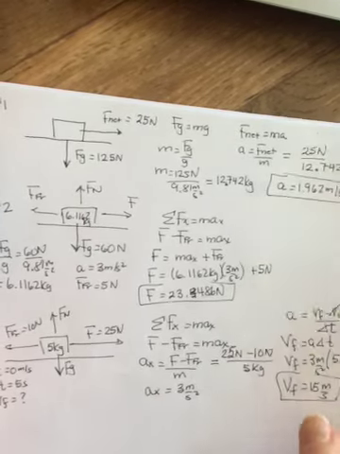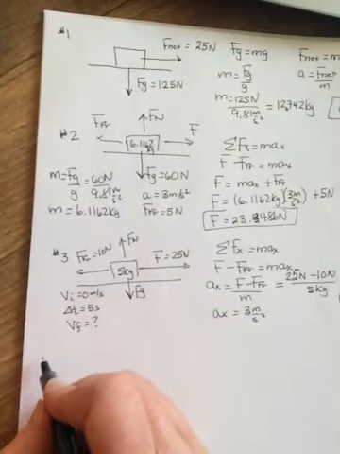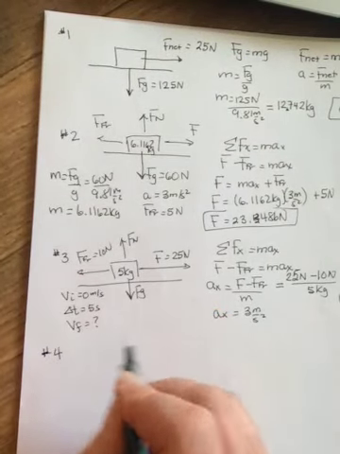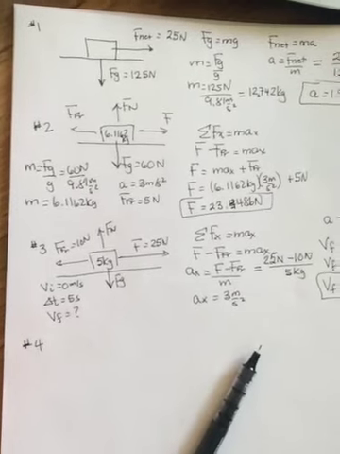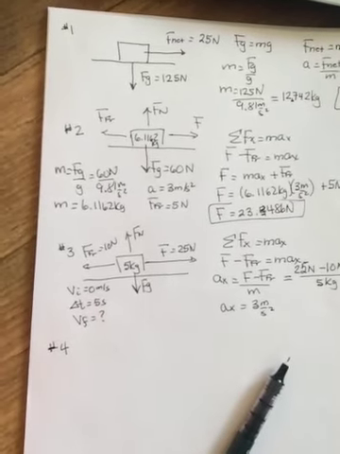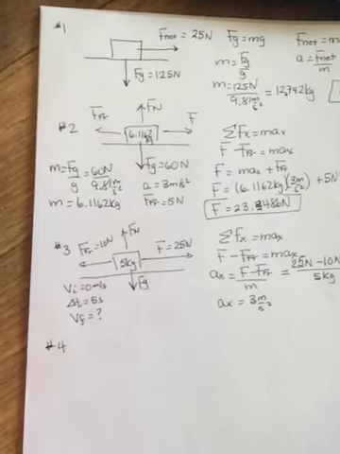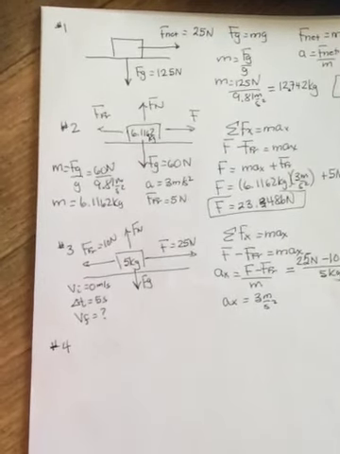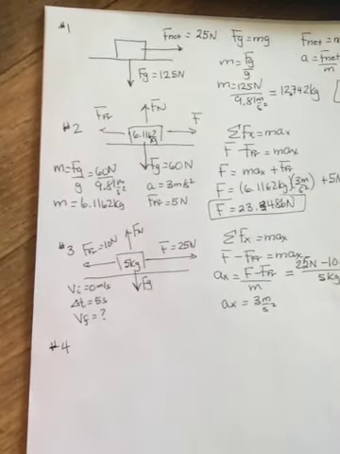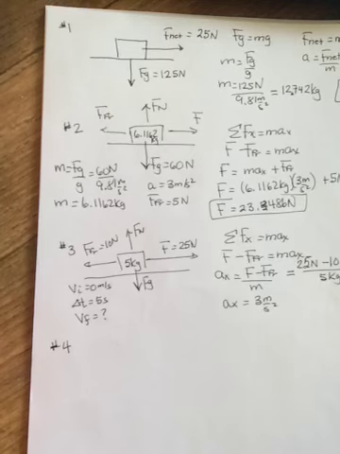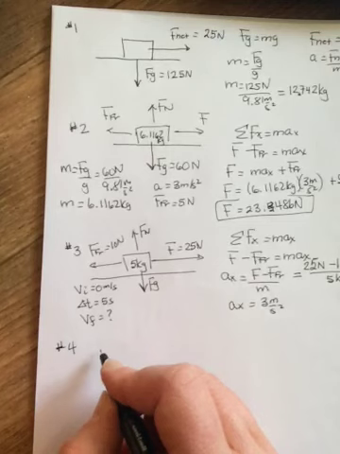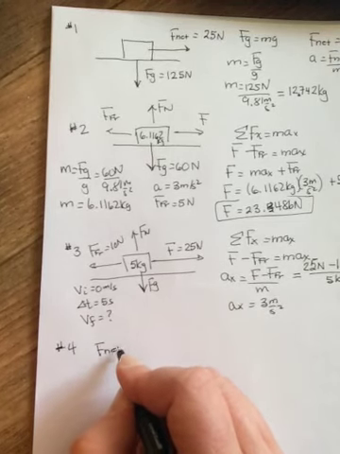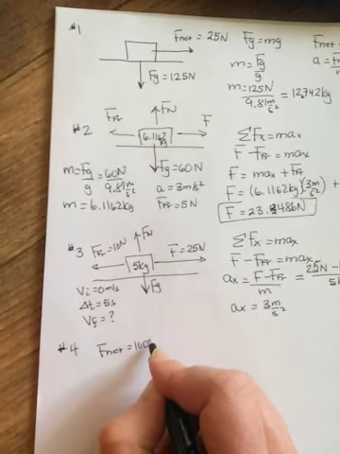Number 3 is done. Number 4 says, how long does it take a net force of 100 newtons acting on a 50 kilogram rocket to increase its speed from, okay, so we have a net force again, F net is 100 newtons.